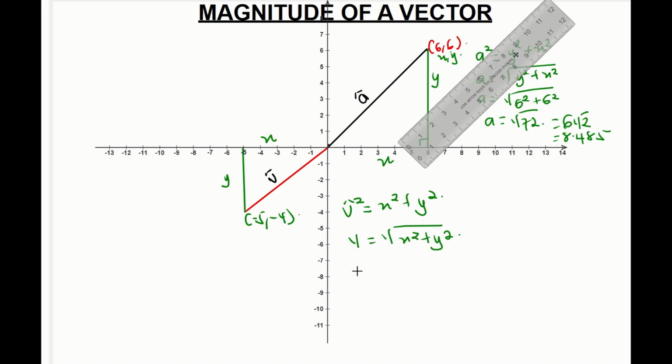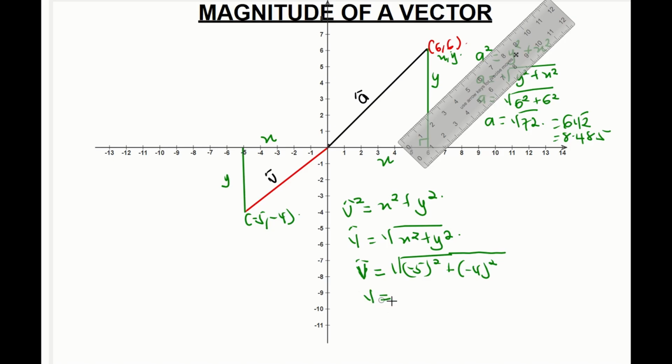We want to find the length of the vector v. How do we get that? We know that x here is -5, so that is (-5) squared plus (-4) squared.